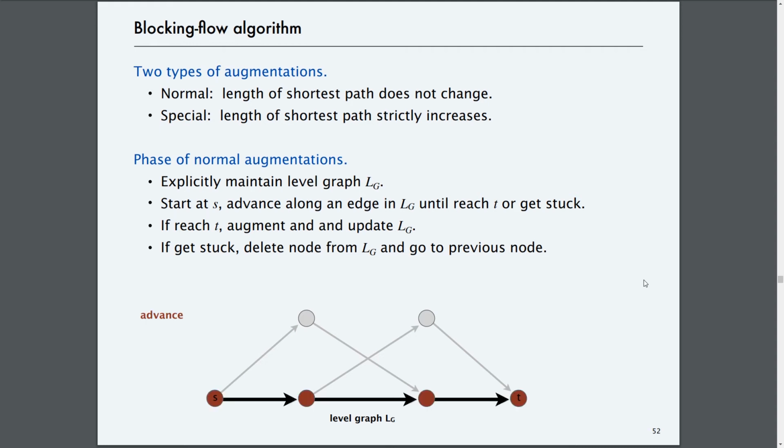So here we've advanced to T. We augment, and then the bottleneck capacity is gone. So again, we advance, and here we can't reach anything. So we delete the node we're at.